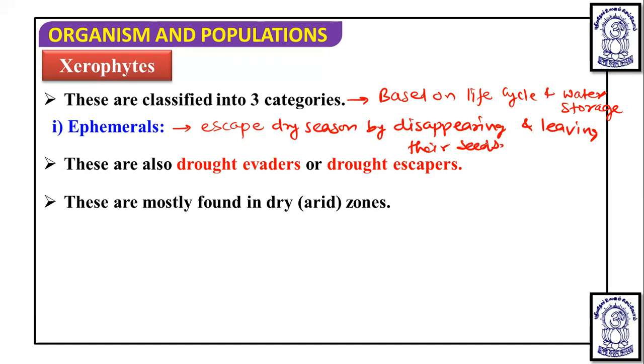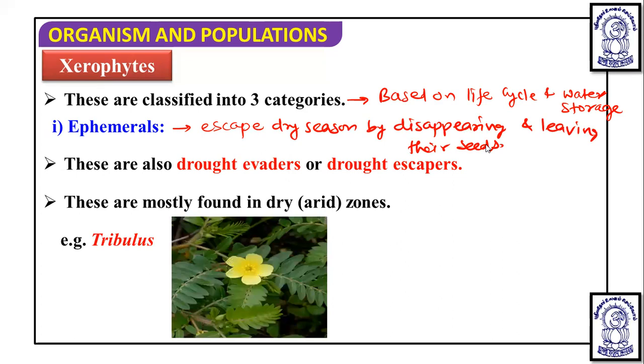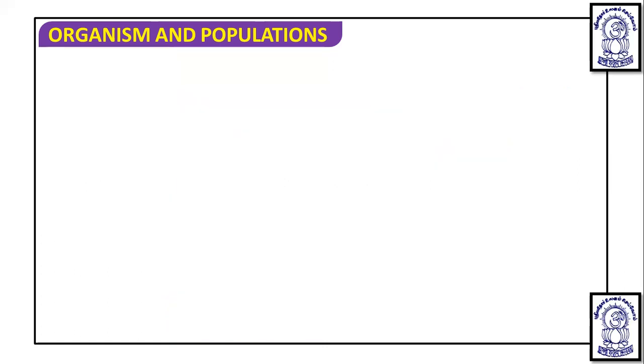These seeds will remain during the particularly unfavorable or dry condition, or drought-like condition, and they escape this drought. Such plants are Tribulus, one of them. Cassia and Tora also are two plants which are the ephemerals or short-life plants. Because of this they are known as drought evaders or drought escapers.